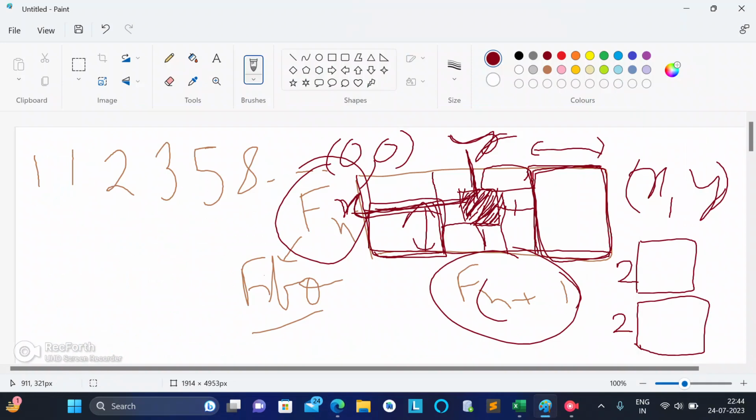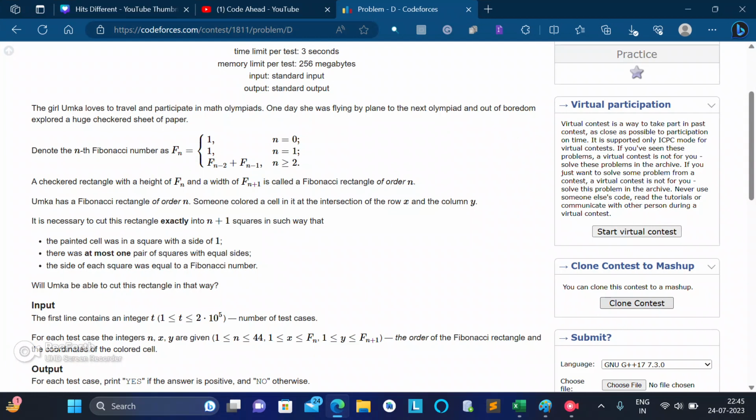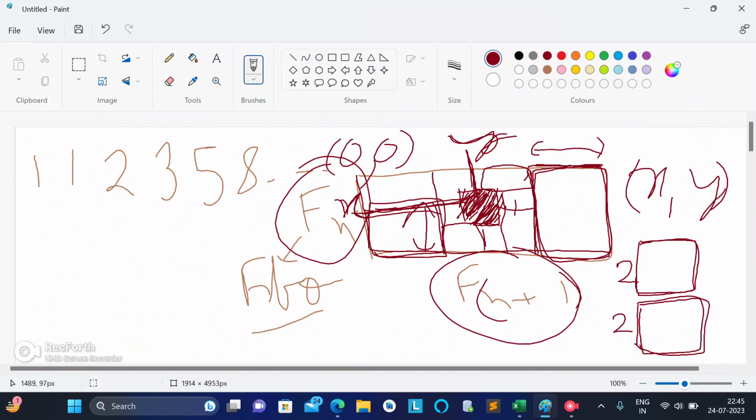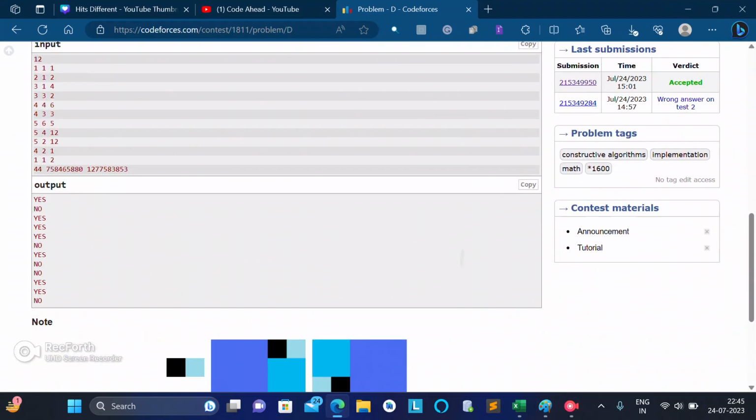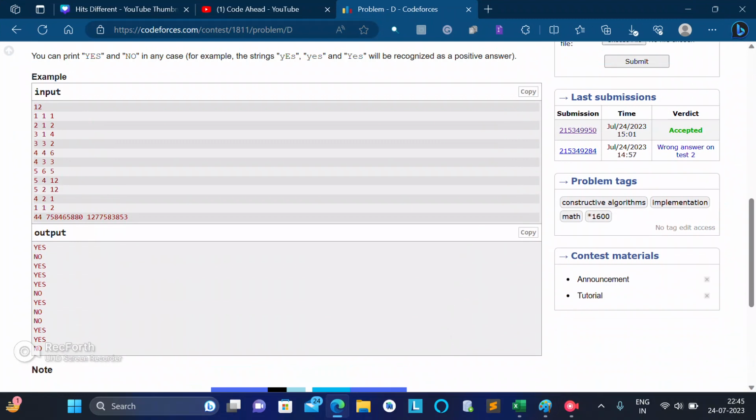So we have to tell, while painting this 1 by 1 cell, and given that at most two squares have the same side and the remaining squares have Fibonacci sizes, is it possible to fill the whole rectangle? This is our question.